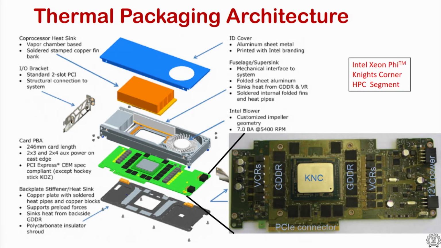Because there is power conversion or voltage step down, there is always inefficiency associated with those voltage step downs. The inefficiency of those voltage step downs shows up as heat, and that needs to be cooled. So one has to cool the voltage regulators. Then the memory devices also consume power, so they need to be cooled as well.